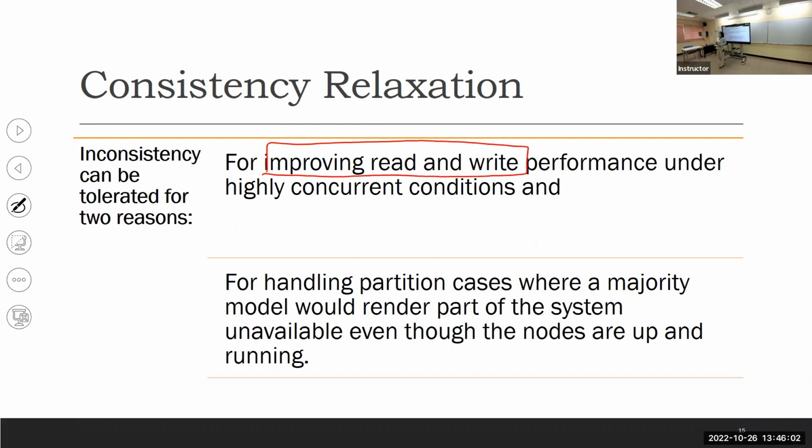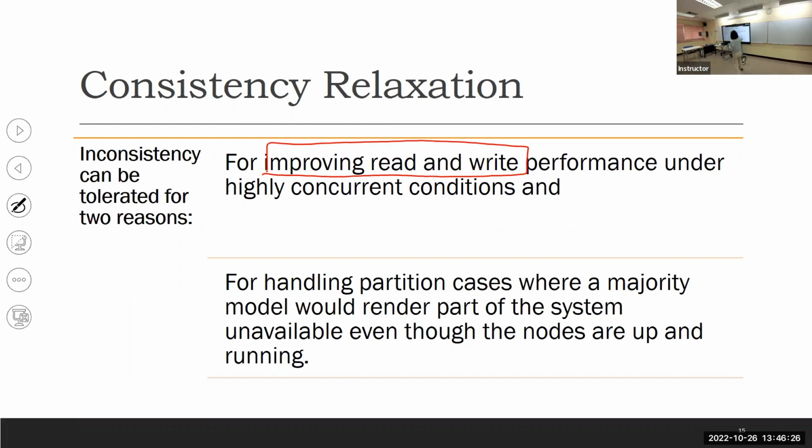If you can accept some degree of inconsistency for a certain inconsistency window, it improves read and write performance because you don't need to wait for all the data to be updated and then start another new update and so on, right?